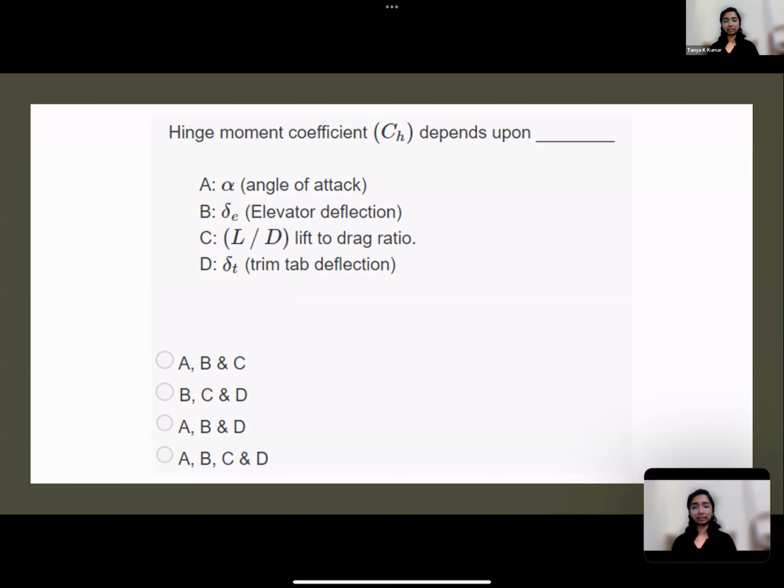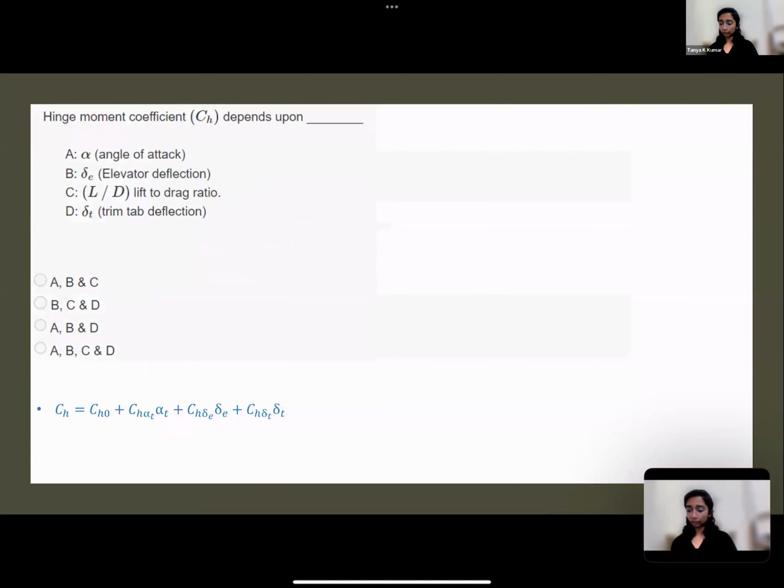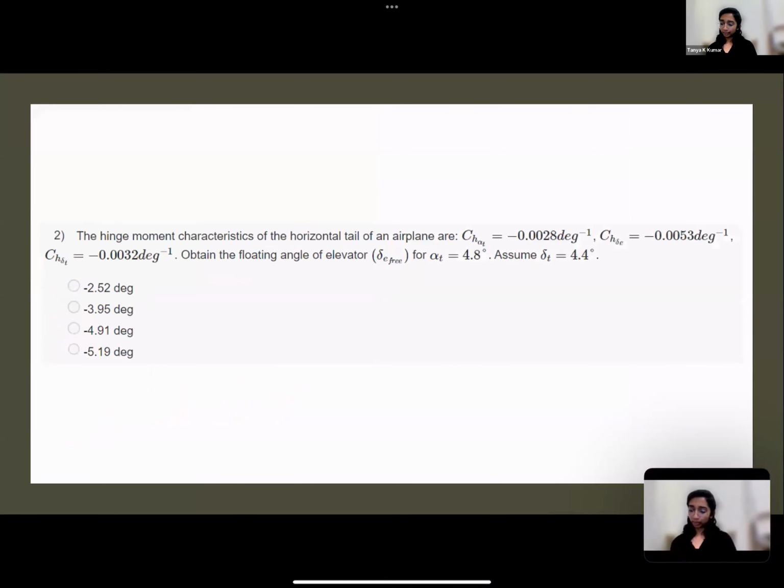Does it depend on angle of attack, CH? A, B, D. So it's A, B, D. Exactly. You're right. So this was the equation. It depends on angle of attack. It depends upon elevator deflection. Depends upon trim tab deflection. Okay. Perfect. Next question.